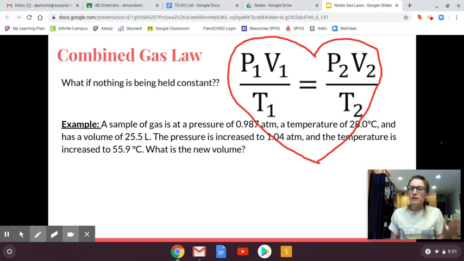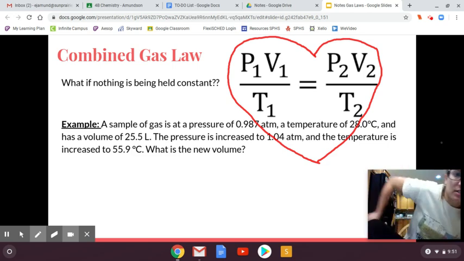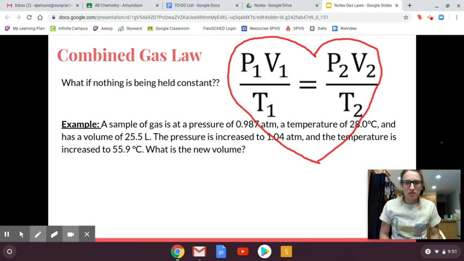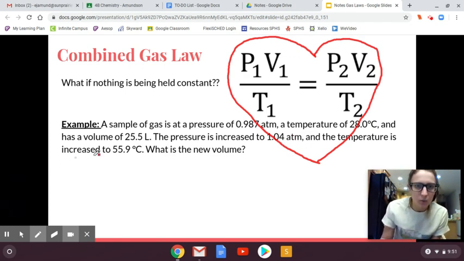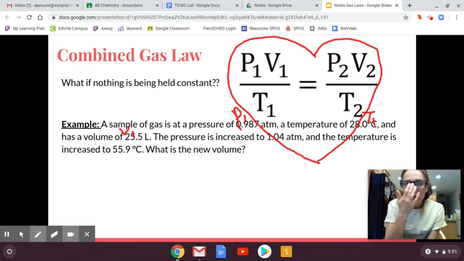So let's see an example in which multiple things are changing here. We have a sample of a gas, and it is at a pressure of 0.987 atm, a temperature of 28 degrees Celsius, and has a volume of 25.5 liters. So we were given all those initial conditions: P1, T1, and V1.